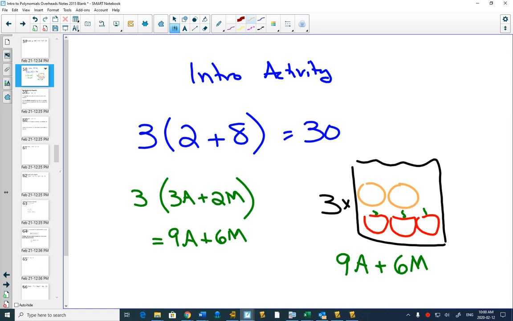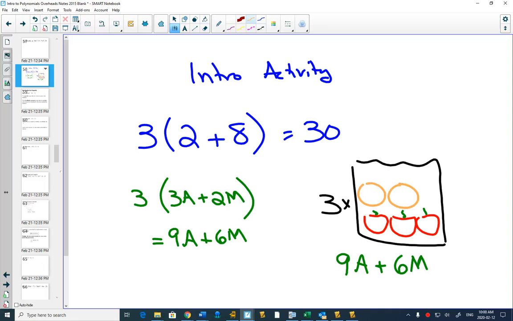Now, in our original question, you could do things like add 2 plus 8, because of order of operations, 2 and 8 are like terms. 2 plus 8 is 10, and then you did 3 times 10 to get 30. No problem. Here, 3a and 2m, they're not like terms. Just like 3 apples and 2 mandarin oranges aren't like fruit.